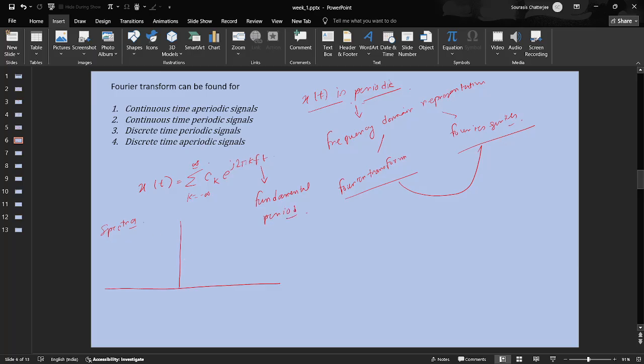What I'm going to observe here is c0, and let's say c1, c minus 1, similarly c minus 2, c2, like that. This is the f axis, so the Fourier series is discrete.